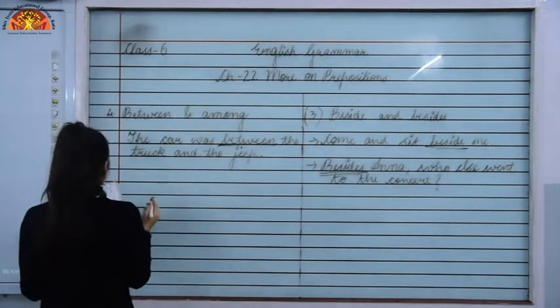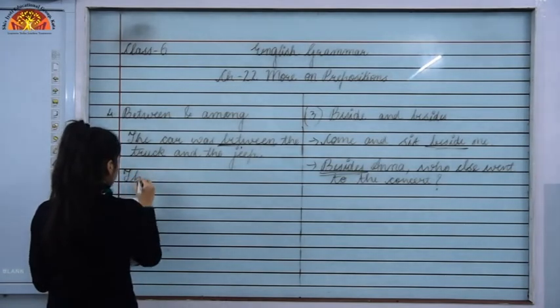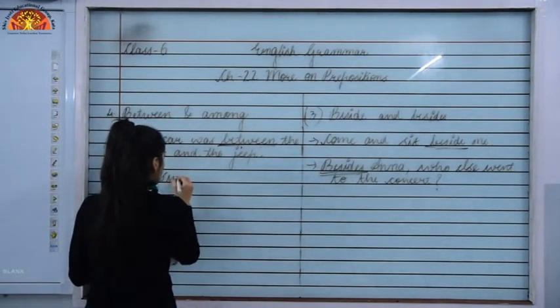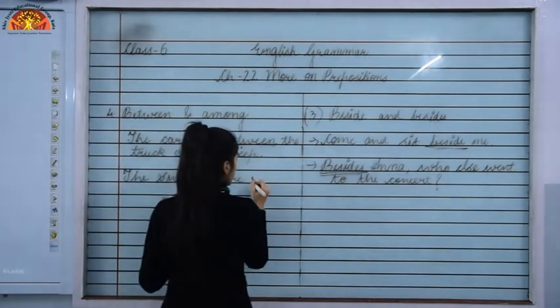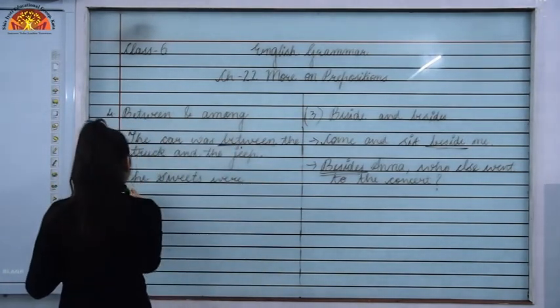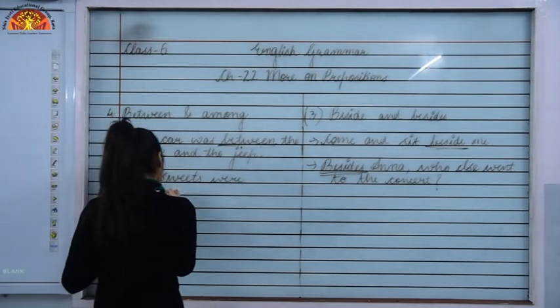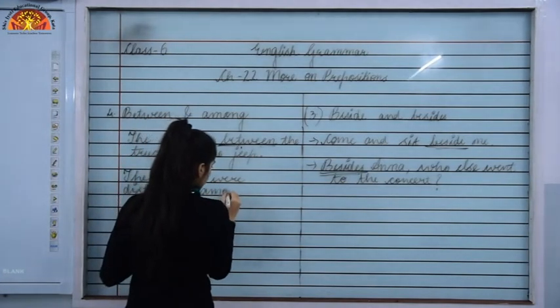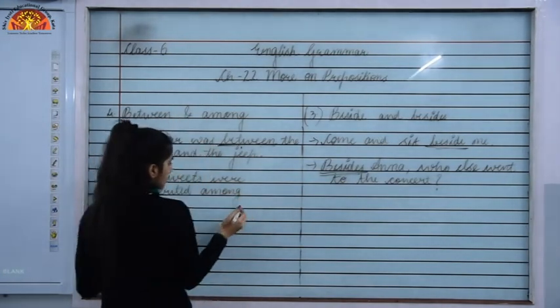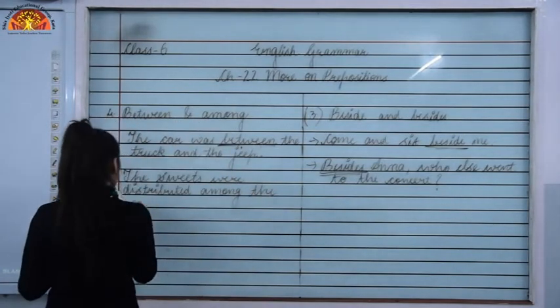And among, now let us see the example of among. The sweets were distributed among the children.